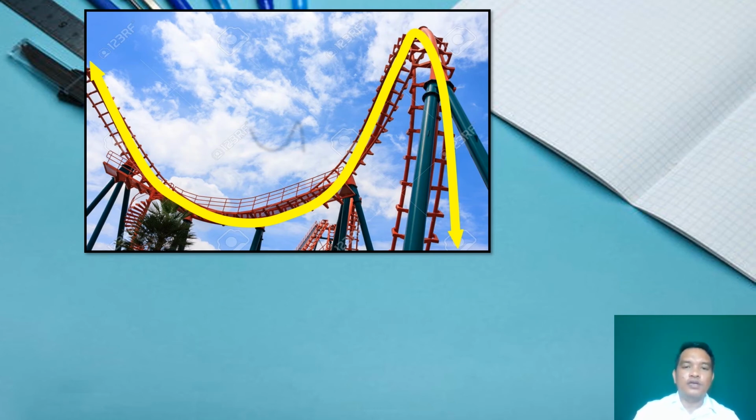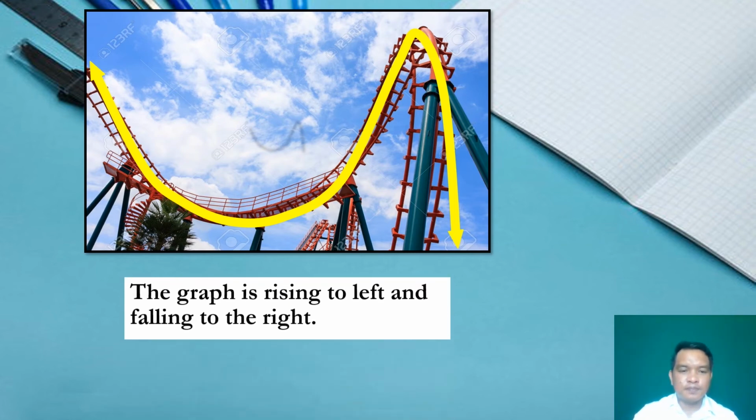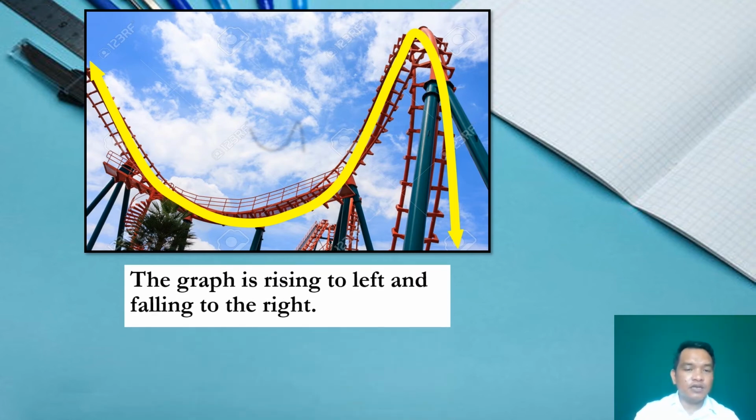Ngayon, obserbahan natin yung graph. Ano ang behavior ng graph natin? Tama. The graph is rising to the left and falling to the right. So, falling to the right, ibig sabihin, anong leading coefficient natin?